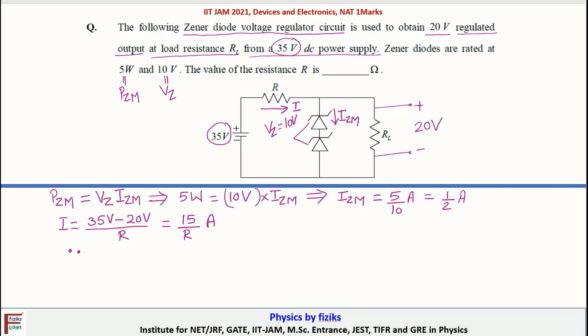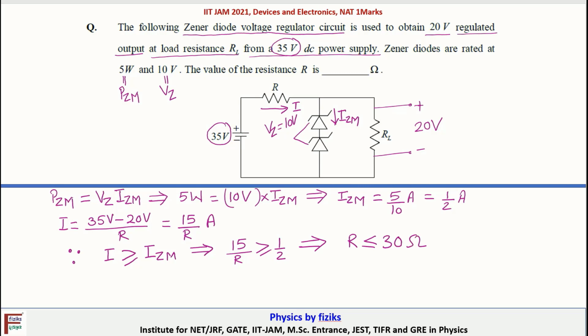Now this I should always be greater than or equal to IZM. So under this condition, we can write 15 by R should be greater than or equal to half, or this will give you R should be less than or equal to 30 ohms.